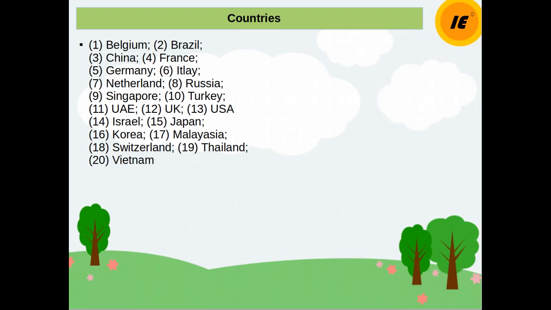And also, of course, USA and UK are there, Japan and Korea from this side, and certainly Malaysia, Thailand, Vietnam in Southeast Asia, and Singapore is there, UAE in the Middle East, Russia, Turkey, and Brazil.